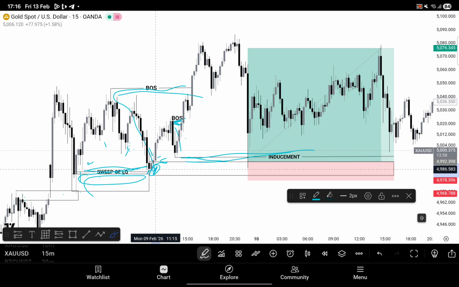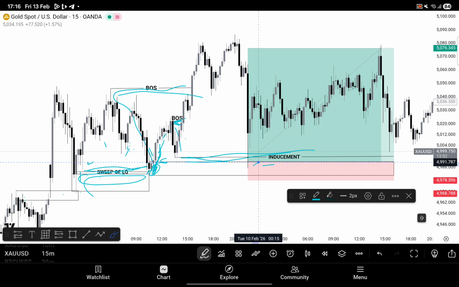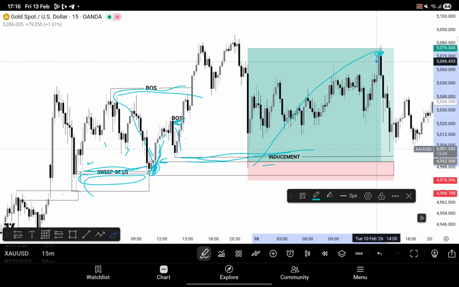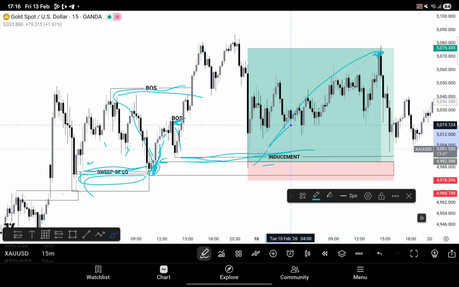Those are just buys. Price came and it bought and it gave us our TP. So this is about this particular type C entry model.